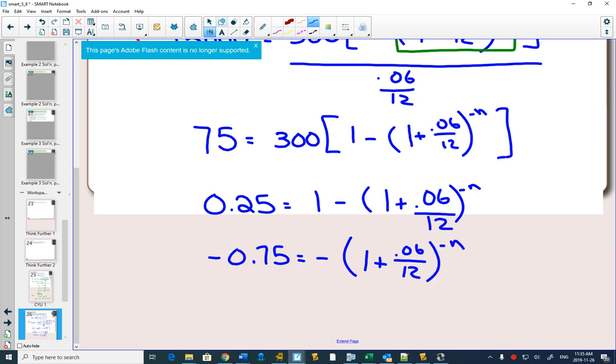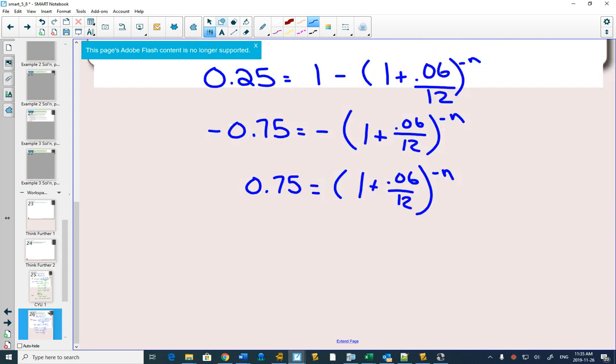We don't have the power all by itself yet. We still have that negative on both sides. So in order to get rid of that negative, I need to multiply both sides by a -1. And now I was able to isolate the power.